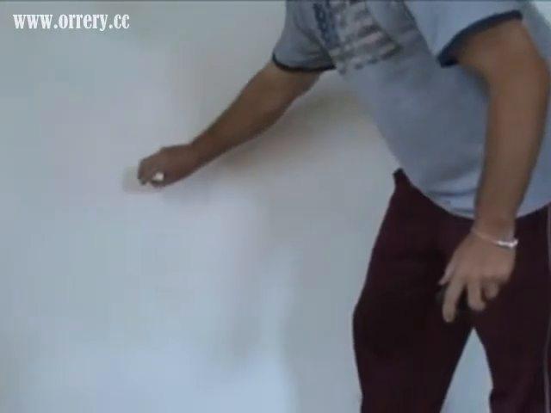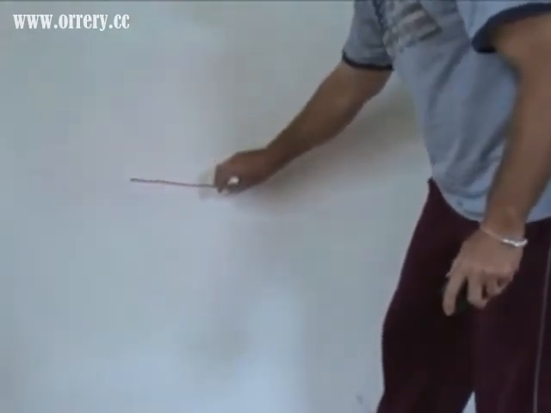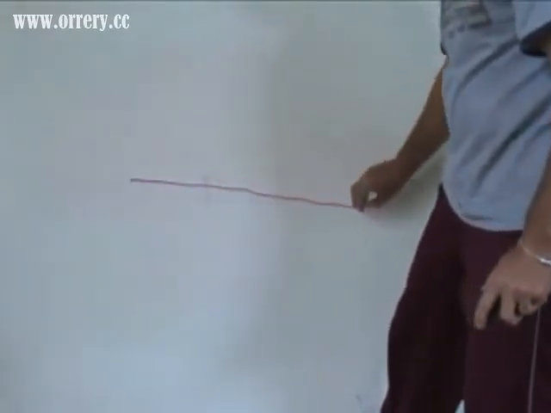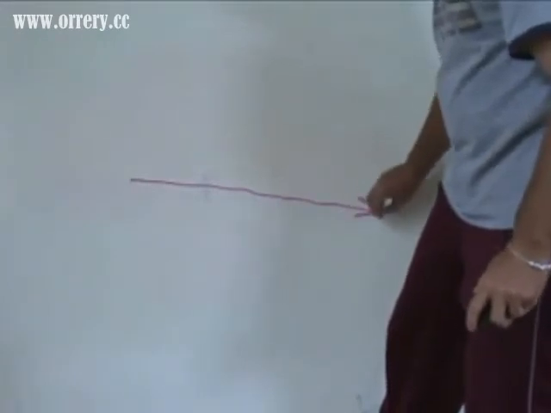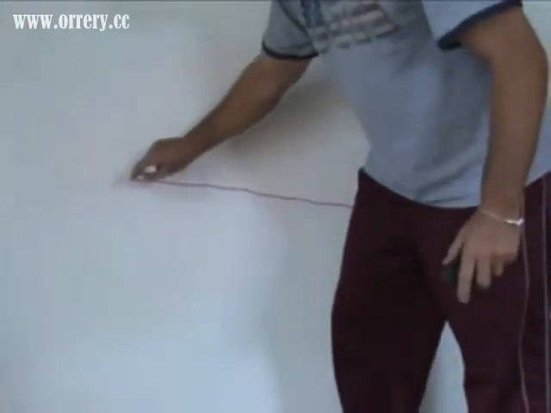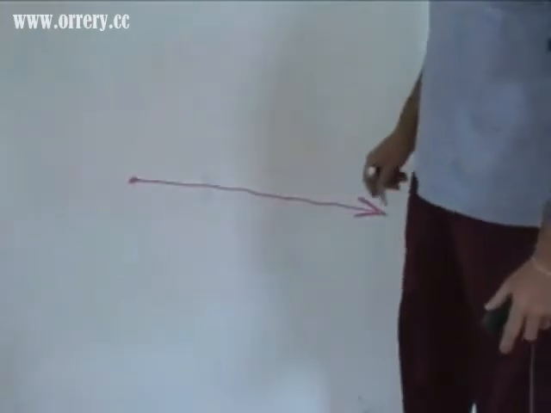If you have a line here, it begins right there, and it goes this way, expands towards infinity, alright? You'll realize something now. If it began here, what does that mean?